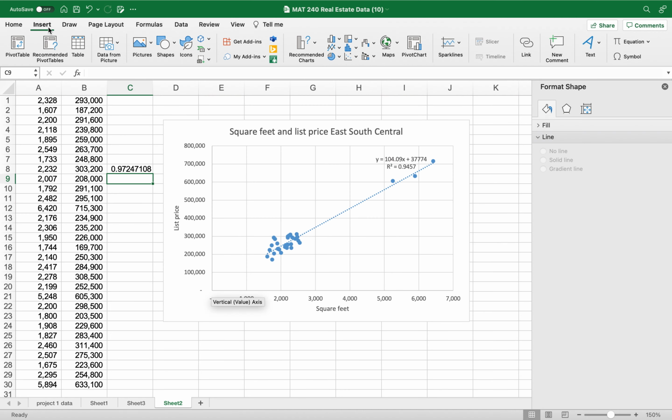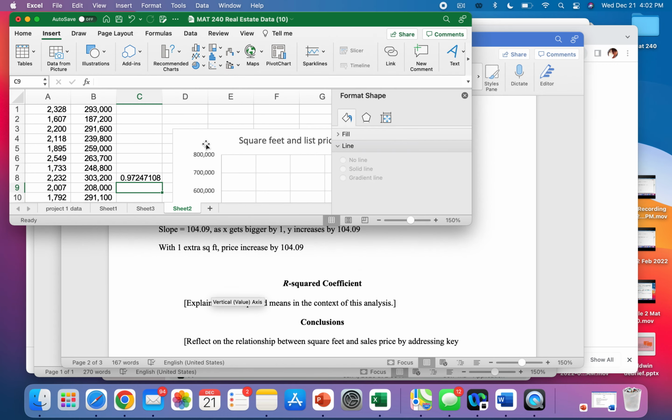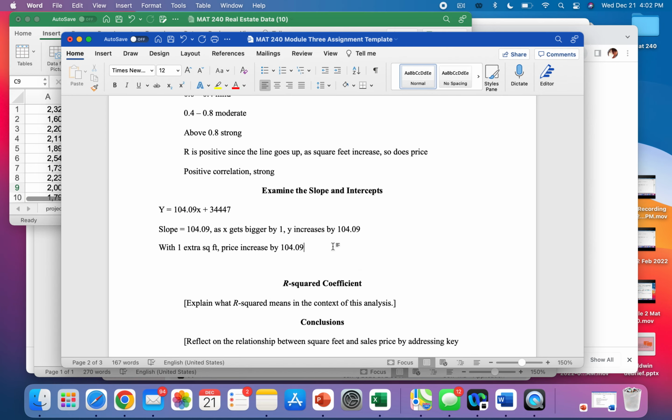We really can't interpret that because we don't have those values.